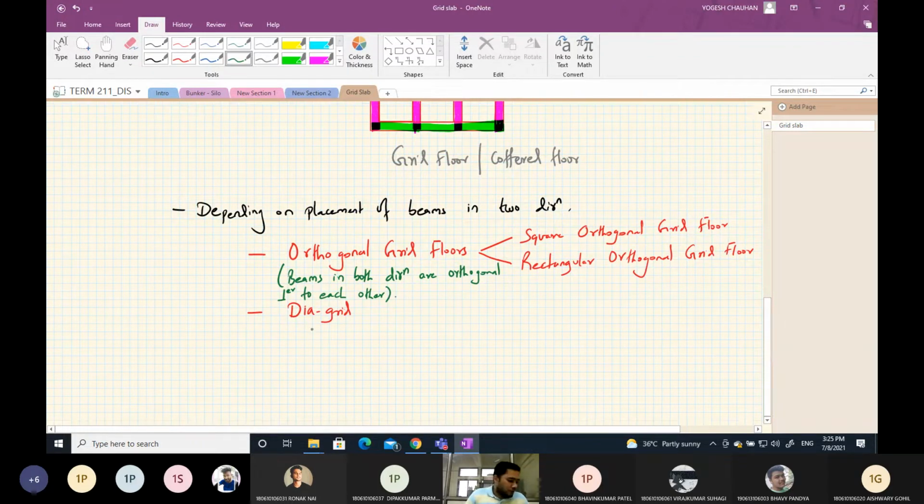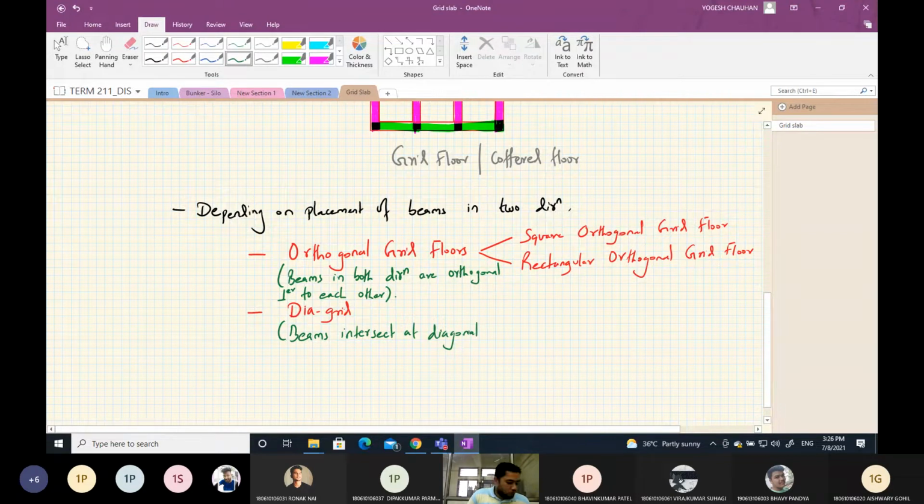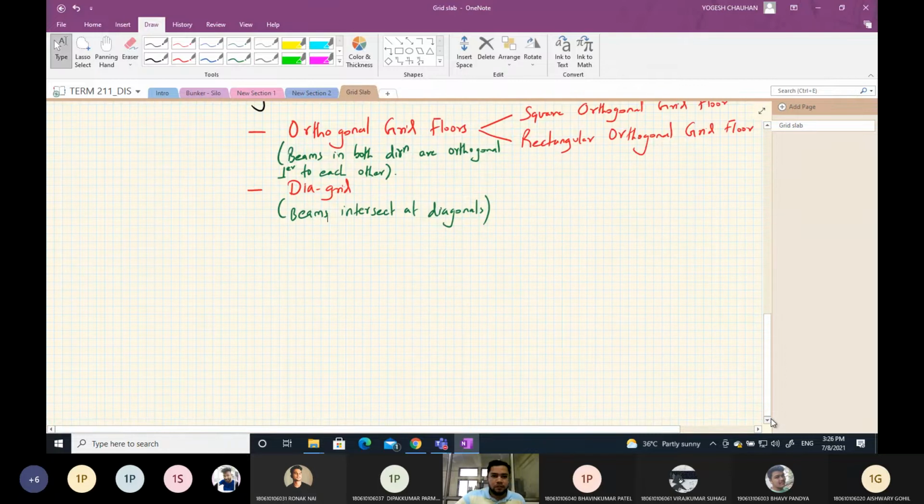Whereas in case of diagrids, the beams intersect at diagonal. Now let us see what are these.